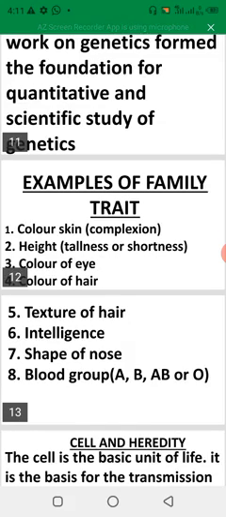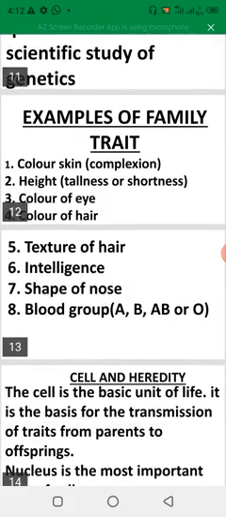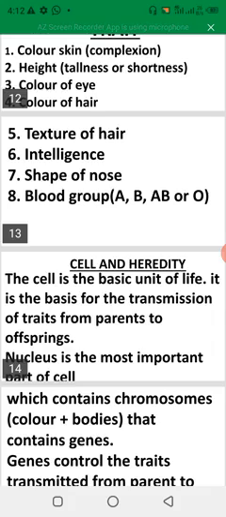Number one, color of the skin, the height, the color of the eye and that of hair, the texture of the hair, the intelligence, shape of the nose, and also we have the blood group.